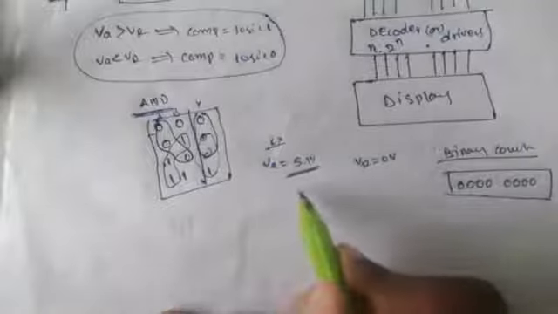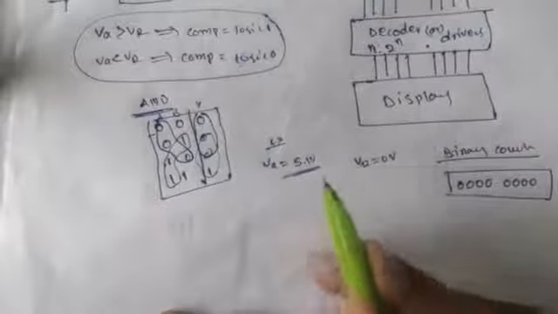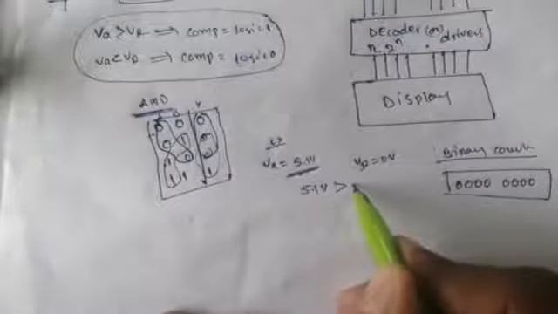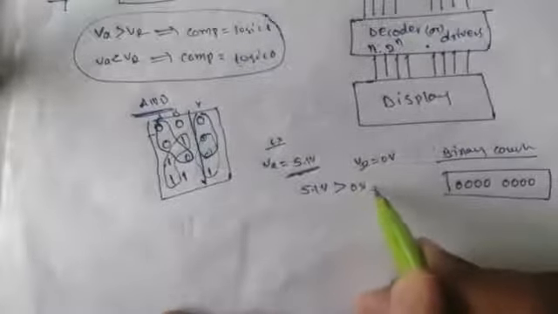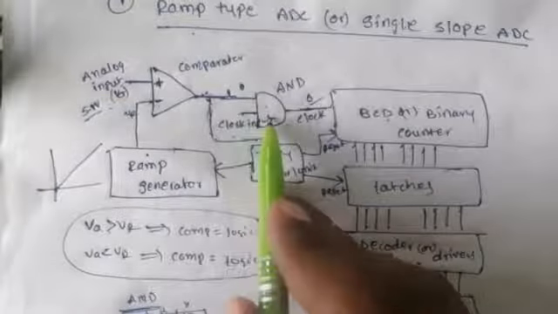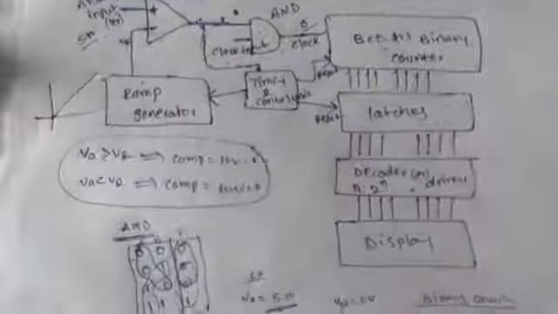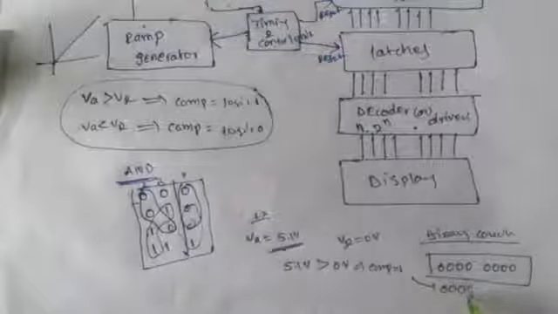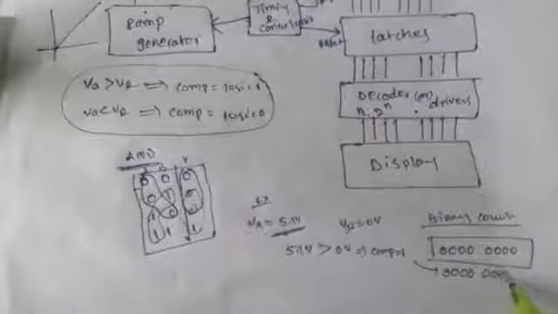When VA is compared with the reference voltage, 5.1 volts is greater than 0 volts, so the comparator output is logic 1, and the clock will be provided to the binary counter. The counter starts incrementing, so it becomes 0 0 0 0 0 0 0 1.